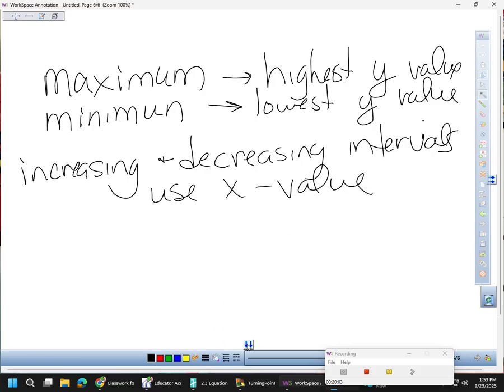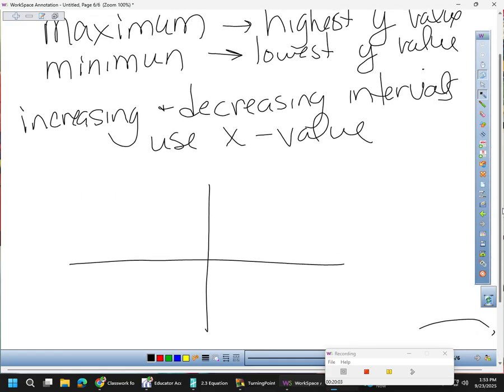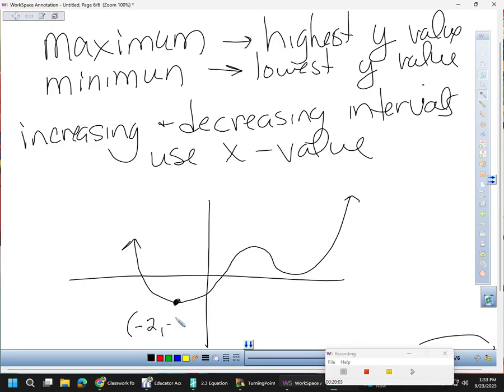All right, so for example, let's say I have on this graph, I'm going to tell you this point right here is at the point -2, -2. This point is at the point 3, 3.